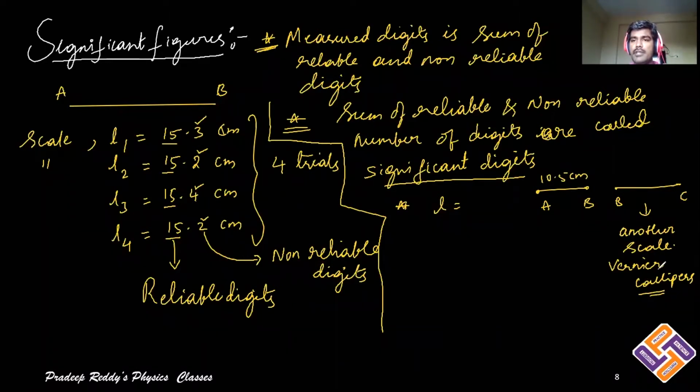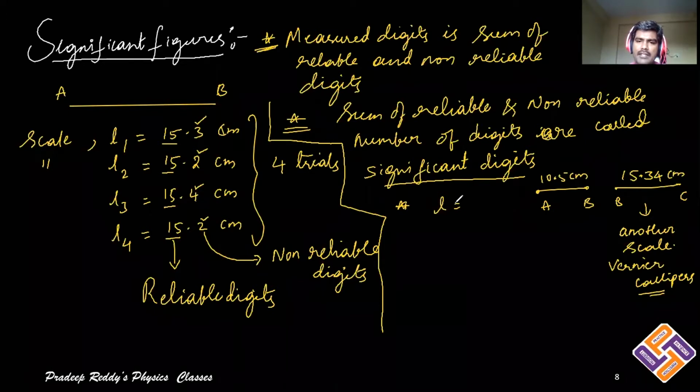The limit of resolution is much smaller for vernier calipers than for a scale. Therefore, you measure BC as 15.34 centimeter. A scale can measure only up to 1 decimal point, whereas vernier calipers can measure up to 2 decimal points in a centimeter.